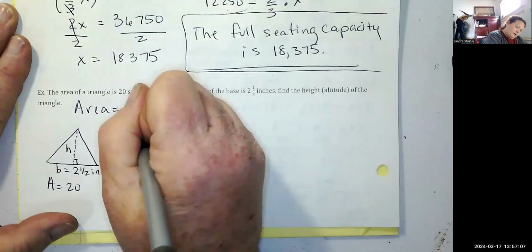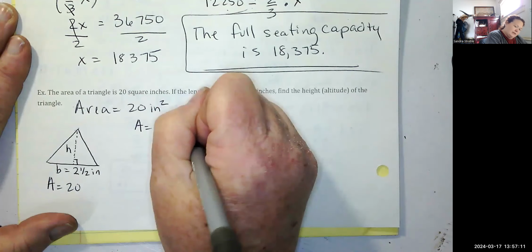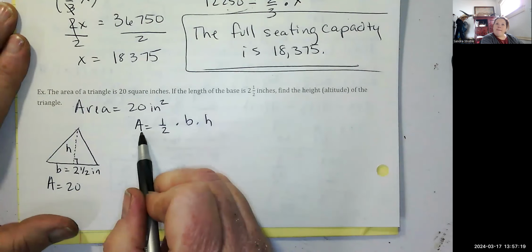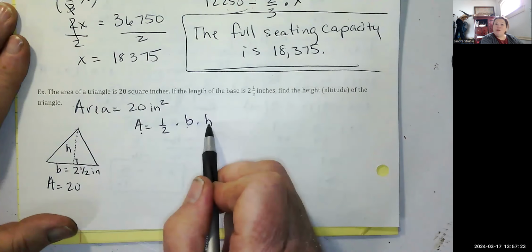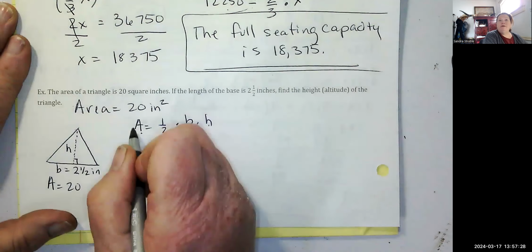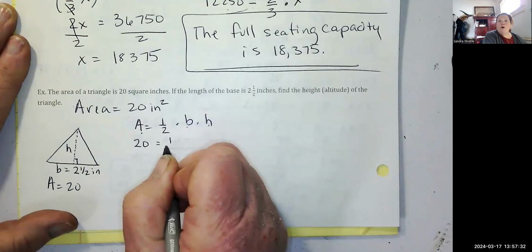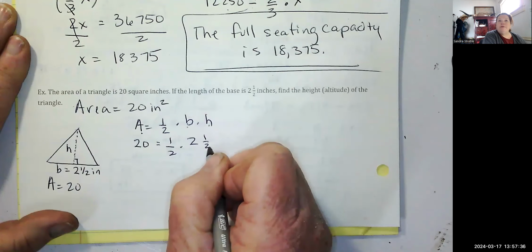I have a formula. Area is equal to 1/2 times the base times the height that I can use to find the area. But we know the area and we know the base, so we can use this to find the height. All I need to do is substitute the numbers in. So I'm going to put 20 where area is, 1/2 times the base, which is 2 1/2.